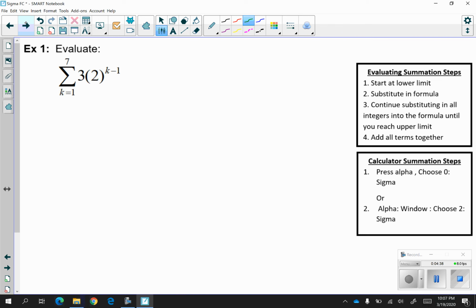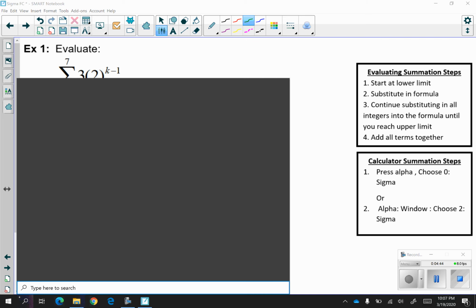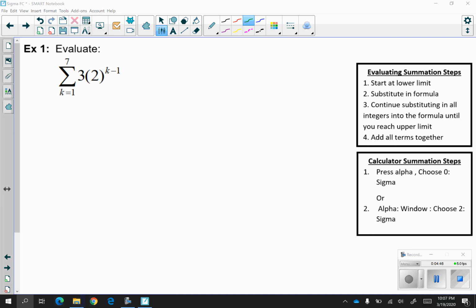So we have the sum of, let's see, we're starting with k equals 1. So I'm going to start by plugging in 1. So I have 3 times 2 to the 1 minus 1. And if you plug that in, you're going to get 3.